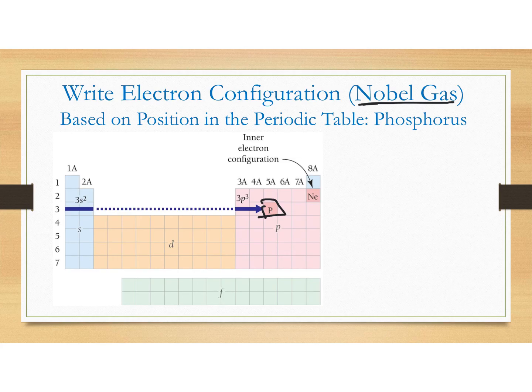Now, we did this one way back. Remember us doing this one early on? If you need to, go back and look at your notes. What you do is you look for the previous noble gas configuration, which is neon. Neon is 1s2, 2s2, 2p6.